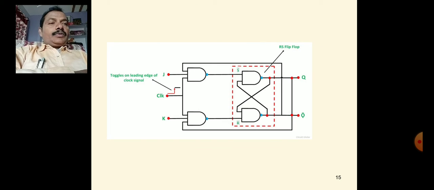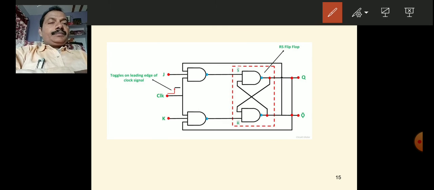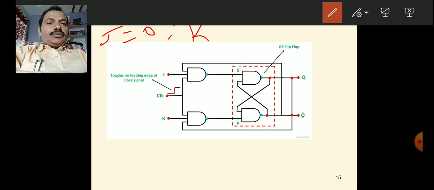Before that, let us analyze this. Let us consider first J equals 0, K equals 0. Whenever J equals 0, K equals 0, and the clock is activated, clock 1, that means the flip flop is enabled.